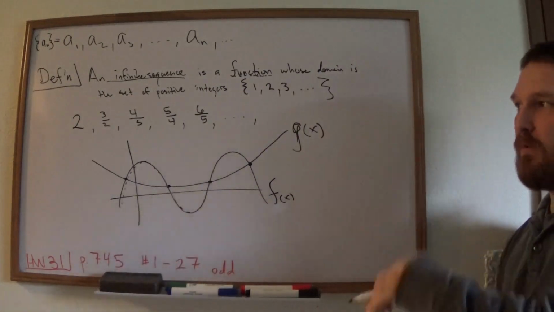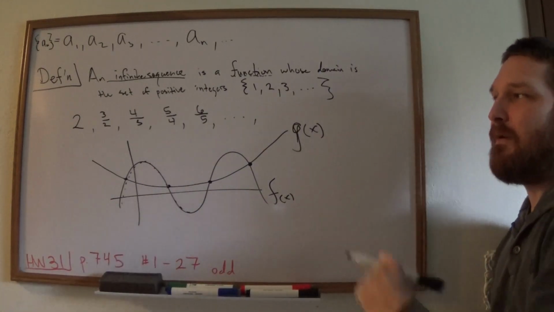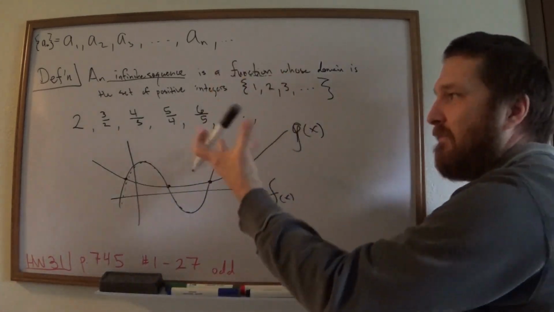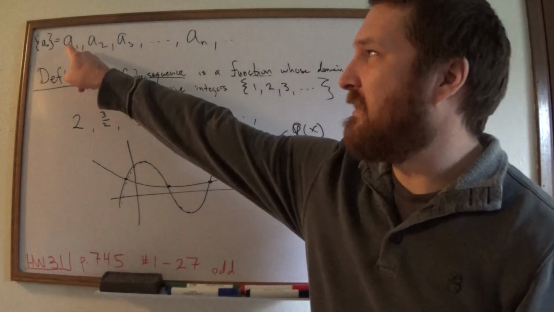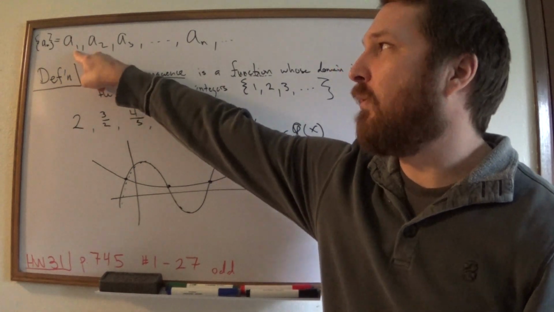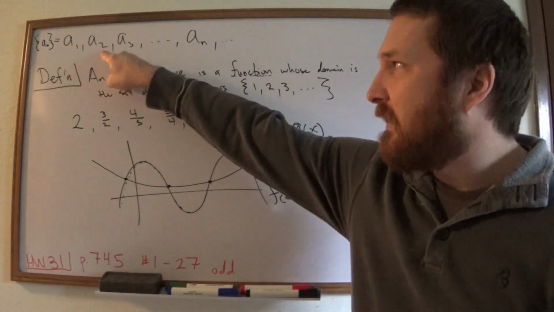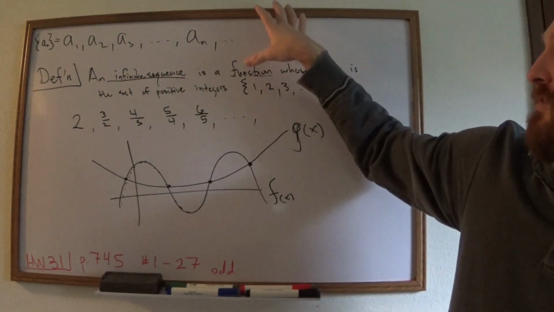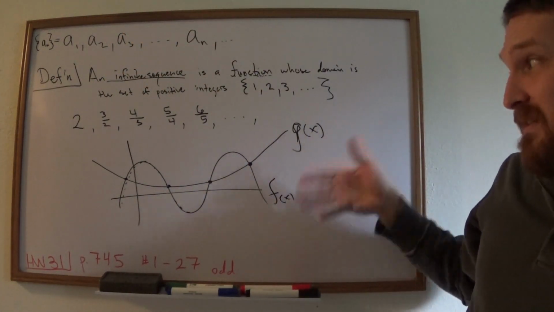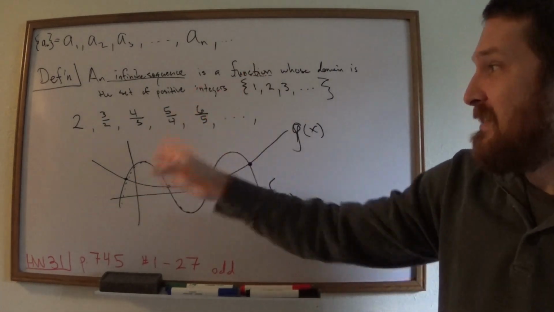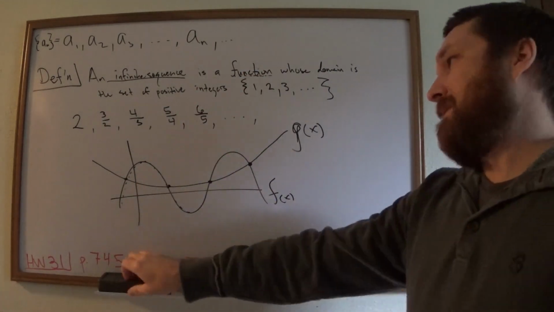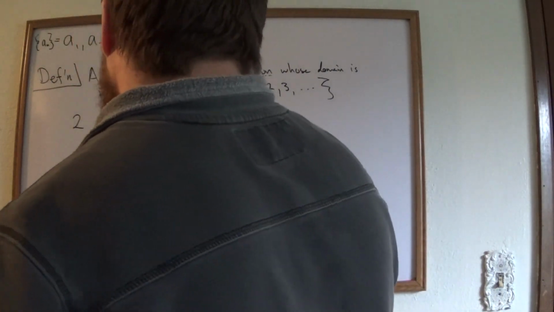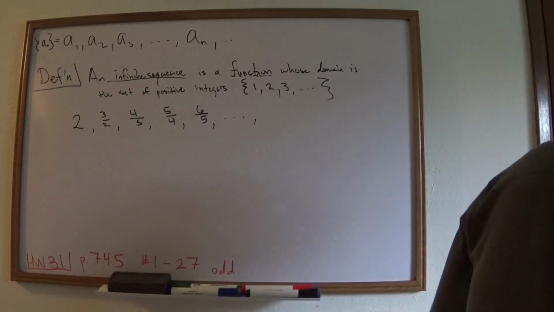For the two to be equal, they have to have the exact same output every time you have an input. So they have to agree at every single one of these, because each one just means the thing you get out when you plug in a 1, the thing you get out when you plug in a 2, the thing you get out when you plug in a 3, and so on and so forth. Just like functions, if they're the same thing, they have to agree at every single point. That's what that means. I didn't bother to write it down. I don't know if it's going to show up later. I don't think it is, but it's good to know.